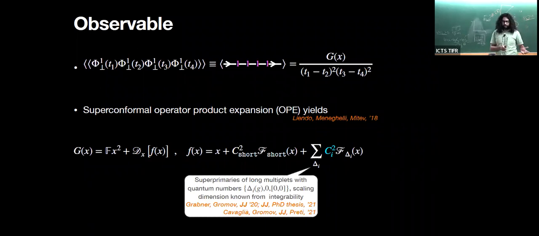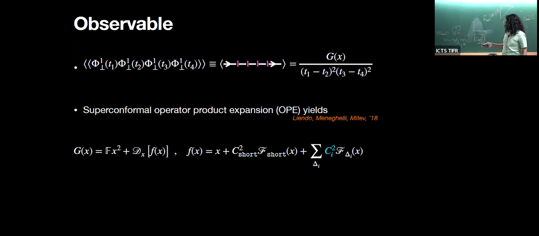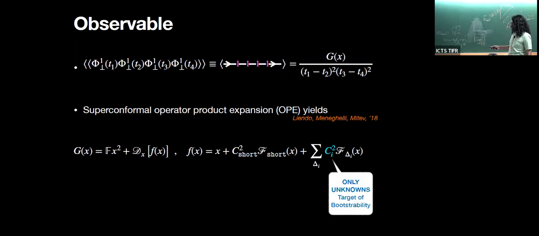Using the quantum spectral curve modified for the 1D CFT, you can actually find the spectrum of any operator with these quantum numbers. The point of saying all of this is that the only thing which is unknown is these OPE coefficients, or structure constants, that are exchanged here. This is the only unknown in this entire expression, and these are the targets of the bootstrability approach.